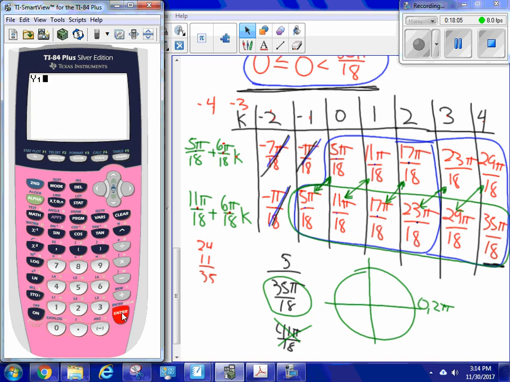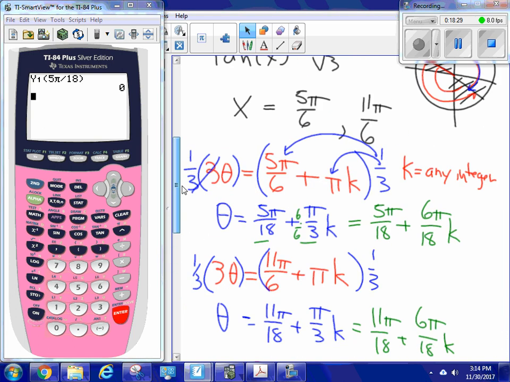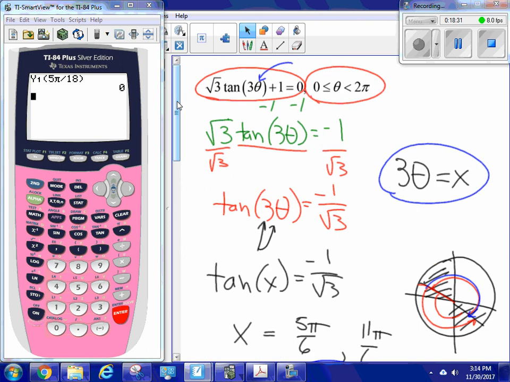So I want to use that function, y1, and I'll put a parenthesis, and I want to evaluate that function for the angle 5 pi over 18. So I'll go 5 second pi divided by 18. Close my parentheses, hit enter, and I get the answer 0, which is exactly what I was hoping to get.